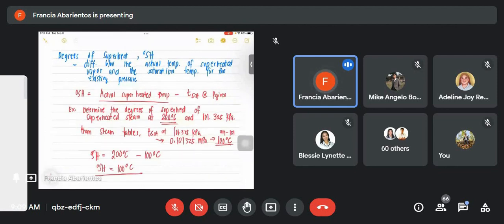Malinaw ba ito, class? Mag-minus ka lang. Kung ano yung given sa'yo sa problem, the actual superheated temperature minus the Tsat.